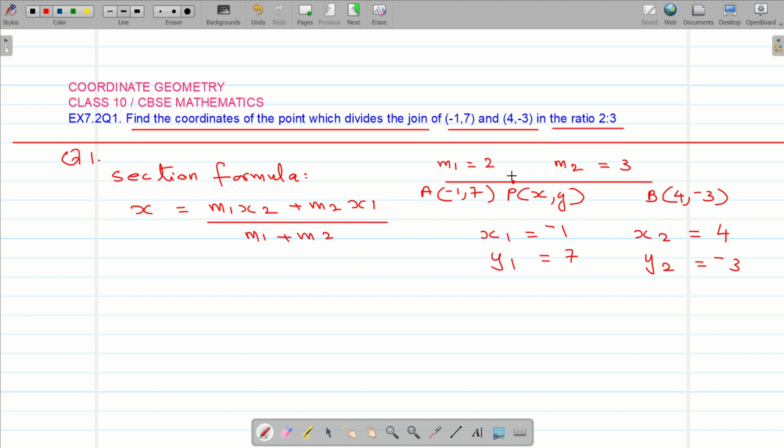Now substituting the values of m1, m2, x1, x2 in the section formula, we'll get the x value.